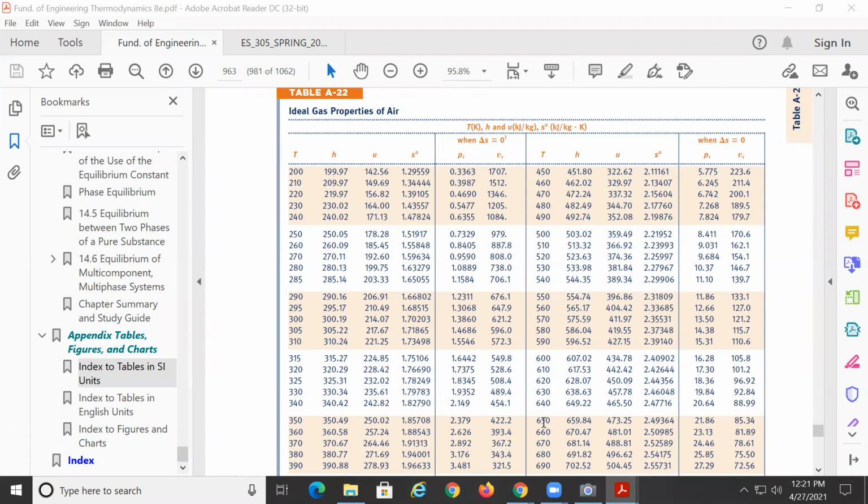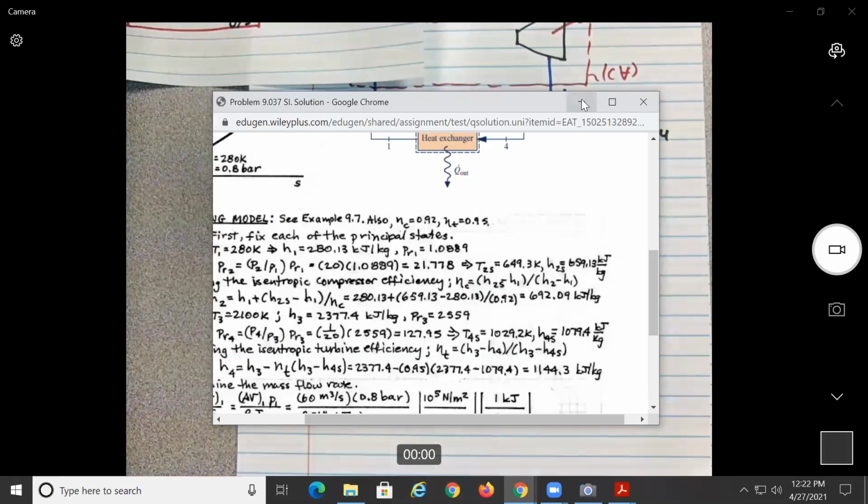So we see it's going to be between this value here and this value here, okay? And since we're lucky enough to have the same values in the solution, I'm just going to give you directly the values of interpolation from the solution.